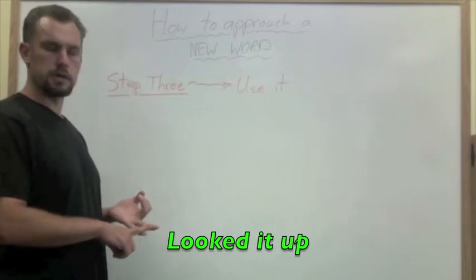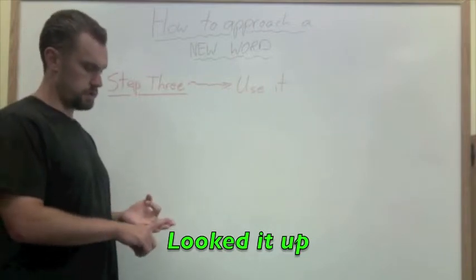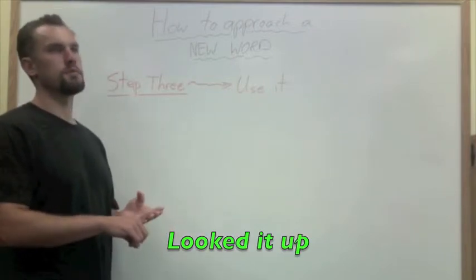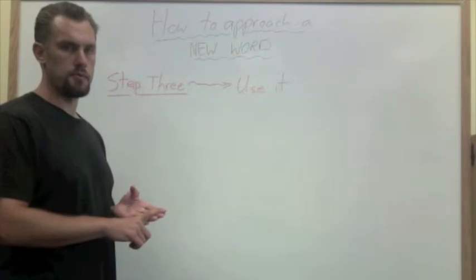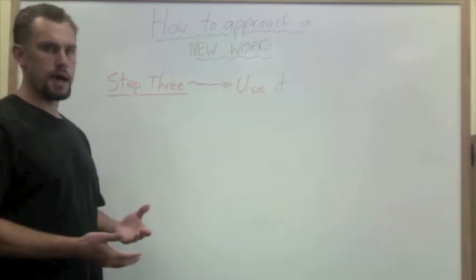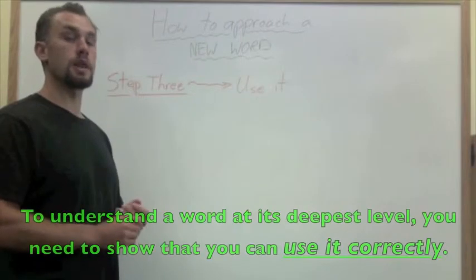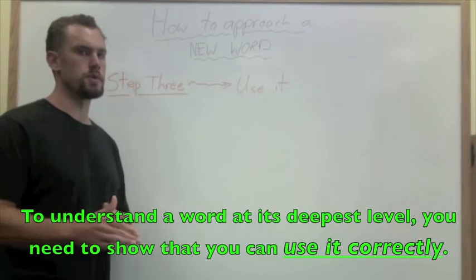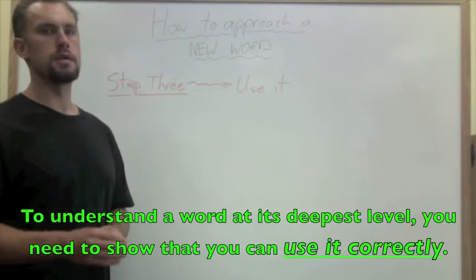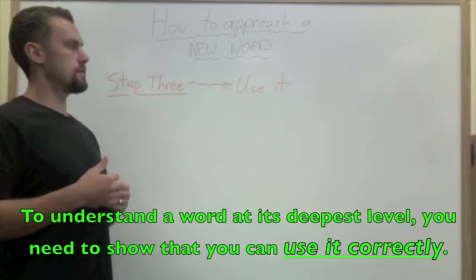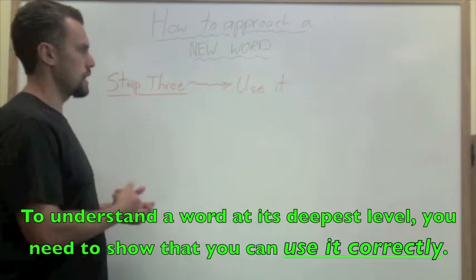We've looked up its part of speech. We've looked up its synonyms. And we've looked up its original meaning and where it came from. If you've done all of that, then by this point, you understand that word at a much deeper level. But to understand it at its deepest level, I would argue that you need to use it. And so here we are at the last step.